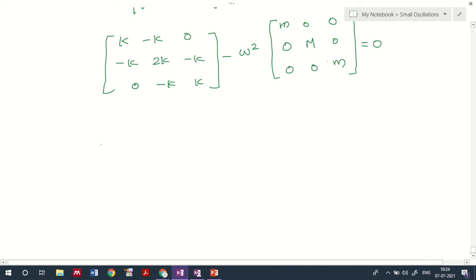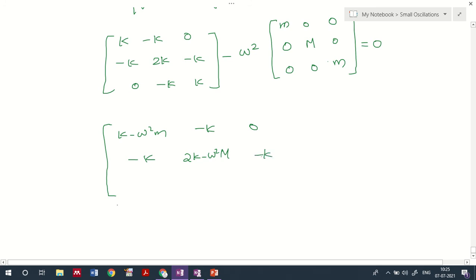Now if you take the determinant of this one, or rather if you take the multiplication of this matrix and then the determinant, the combined matrix will be like this: k minus omega square m, minus k, 0; minus k, 2k minus omega square capital M, minus k.